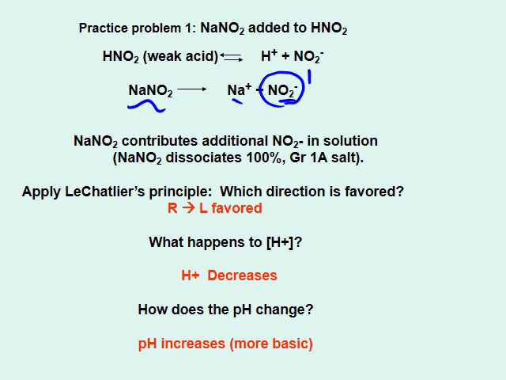So as NO2 minus concentration increases, equilibrium will be shifted from right to left. In other words, as the reaction happens in a backward manner from NO2 minus to HNO2, more of the H plus would be used up. So H plus concentration is going to decrease. And what that means is pH is going to increase. pH increase means the solution is getting more basic.